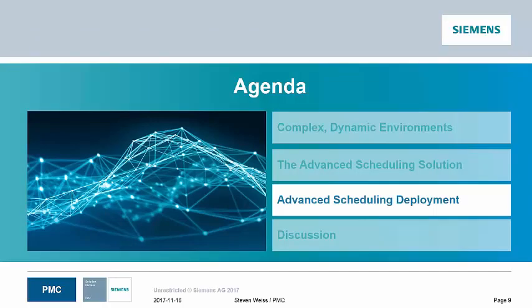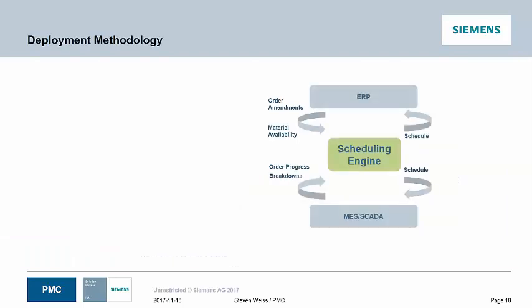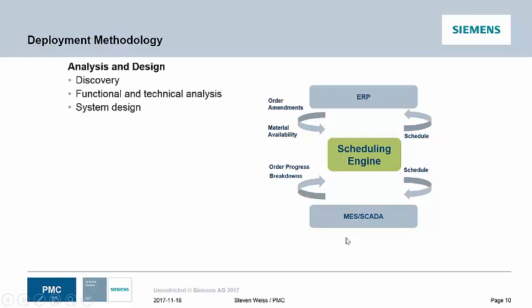Let's talk about how. How does an advanced scheduling deployment proceed? Now again, our methodology, although it focuses on the scheduling engine, has to take account of these supporting systems.